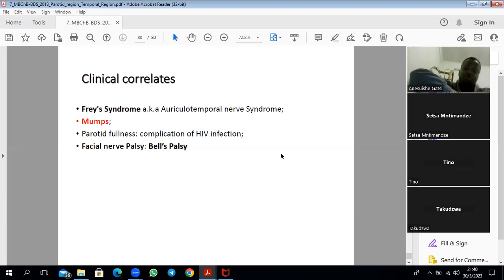Facial nerve is for muscles of facial expression, and around the orbit, I have a muscle that encircles the orbit, which I call orbicularis oculi. That muscle functions to close the eye, the palpebral fissure, the space between the upper eyelid and the lower eyelid.